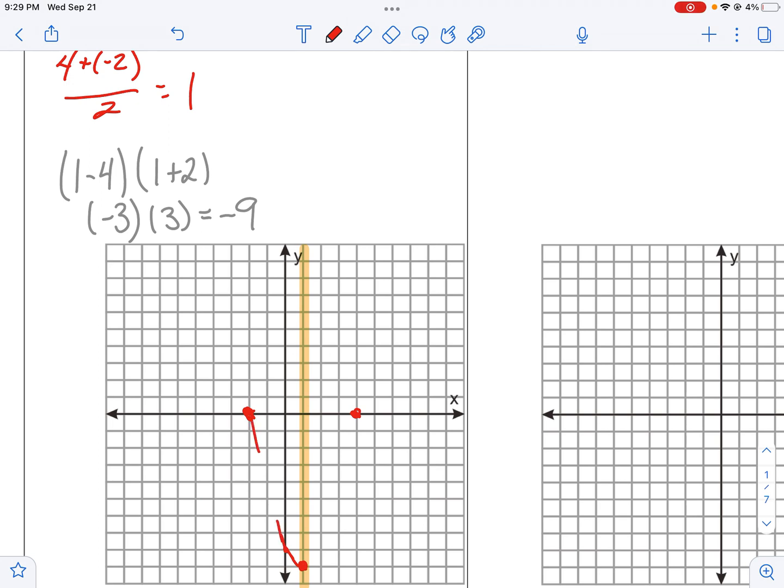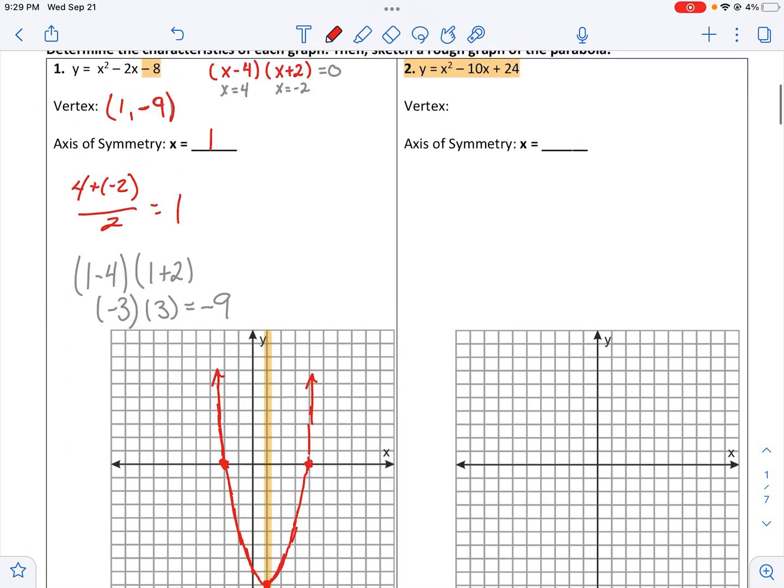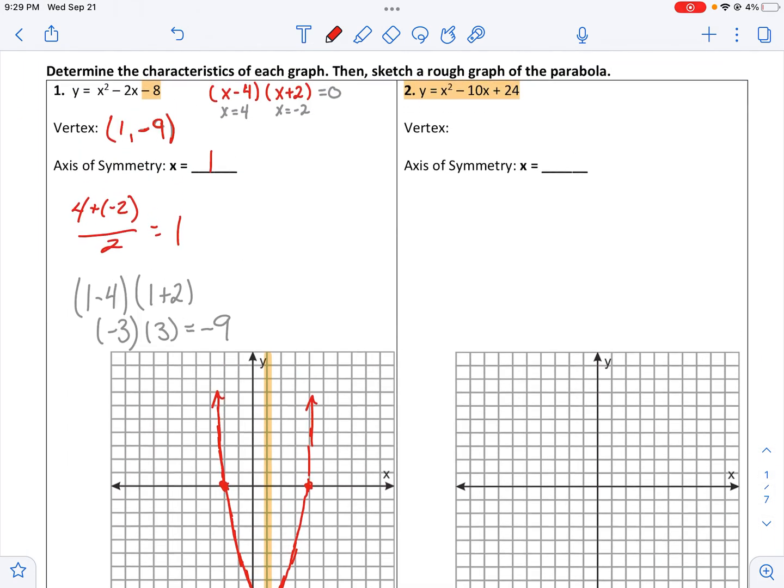Right, I know that it's going to go through negative 8, and then it's going to take a little bit steeper slope, something like that.